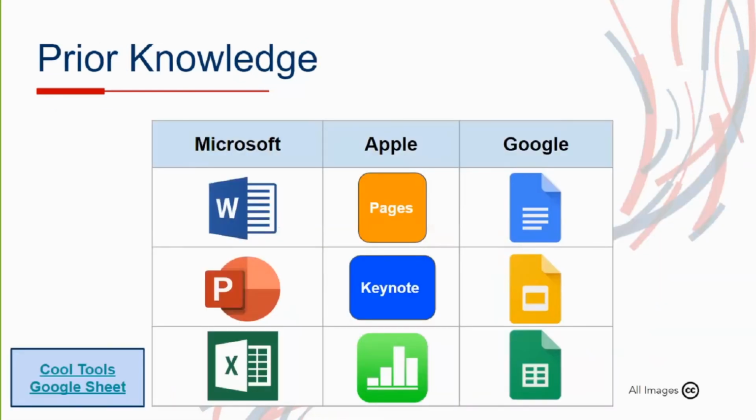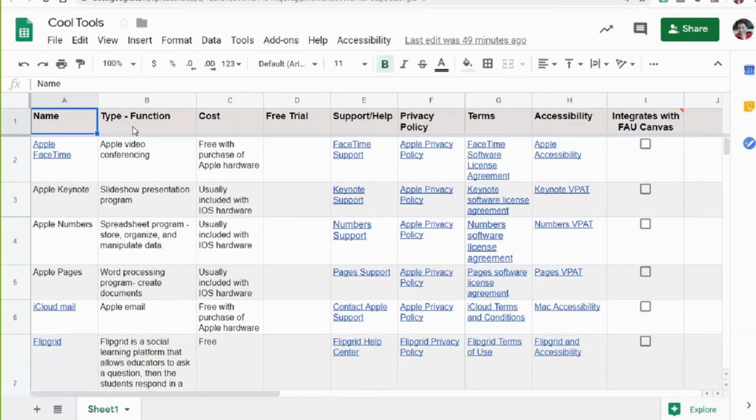We want to always build on prior knowledge. I'm going to share this with our team too, in terms of what the tool is, how much it costs, does it come with a free trial, what's the privacy policy, what are the terms, what is the accessibility, all of that.